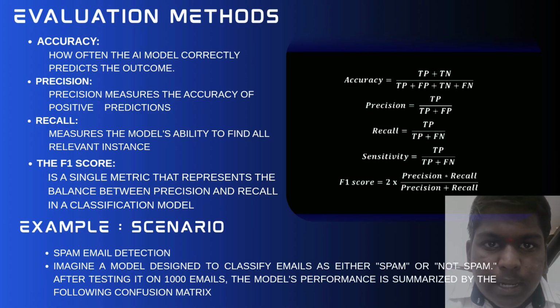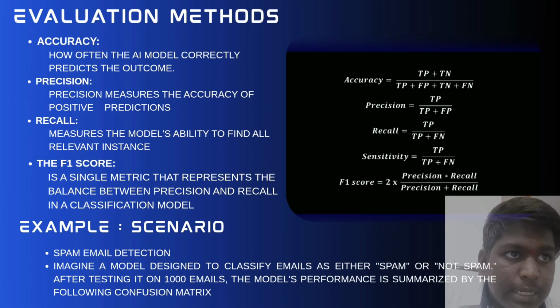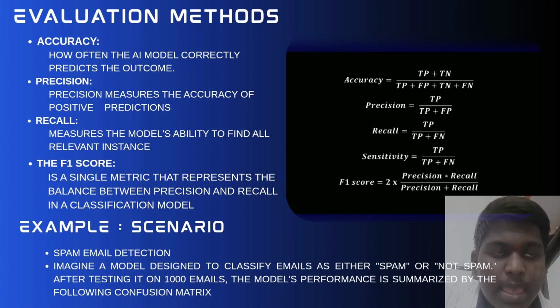Regarding the confusion matrix and evaluation method, I gave an example scenario. The scenario is spam email detection. Imagine a model designed to classify emails as either spam or not spam, after testing it on 1000 emails.